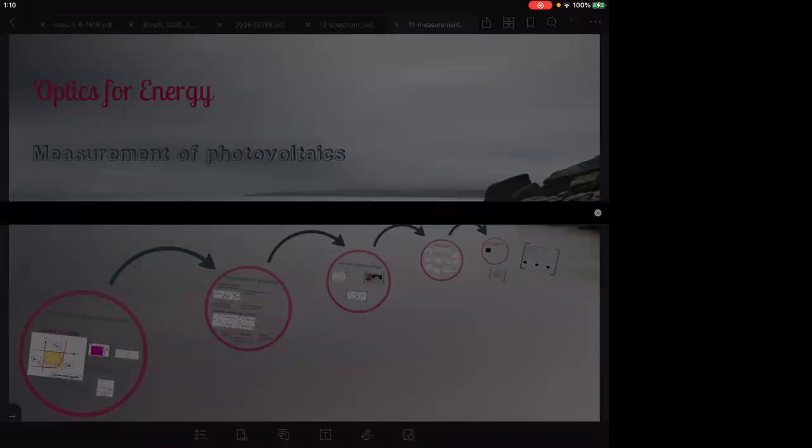Now I'll talk briefly about the schedule. In the second half of this class, I want to talk about something more practical, which has to do with how you measure the different characteristics of photovoltaics.